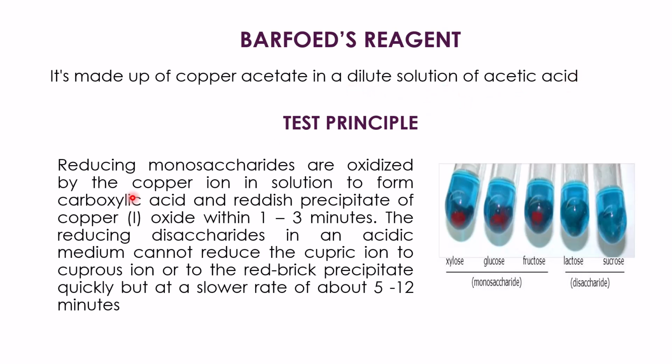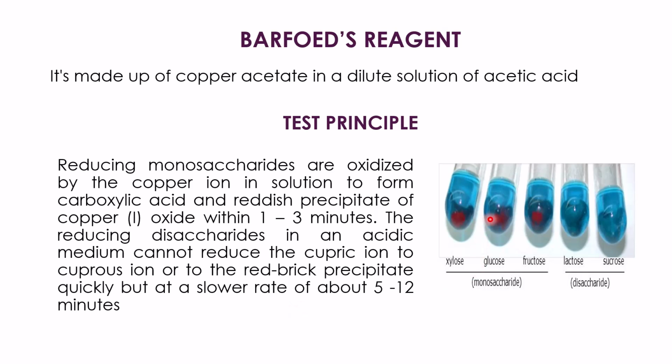So the test principle: reducing monosaccharides are oxidized by the copper ion in solution to form carboxylic acid and a reddish precipitate of copper(I) oxide within 1 to 3 minutes. The reducing disaccharide in an acidic medium cannot reduce the cupric ion to copper oxide, the brick red precipitate, quickly, but at a slower rate of about 5 to 12 minutes.